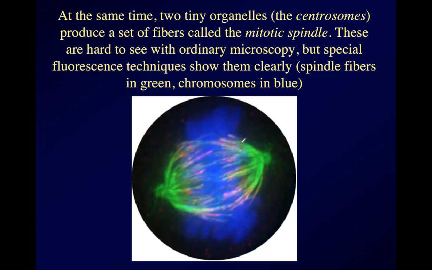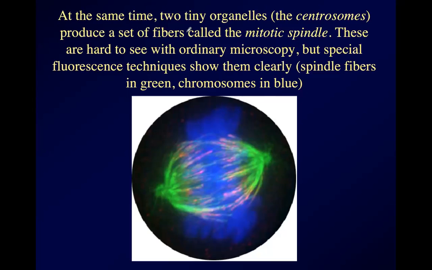What you're looking at here is a cell, but you can't see the entire cell. It hasn't been stained. What you're looking at is the chromosomes have been stained in this fluorescent dark blue. So this kind of blue cloud in the middle right there is the chromosomes.